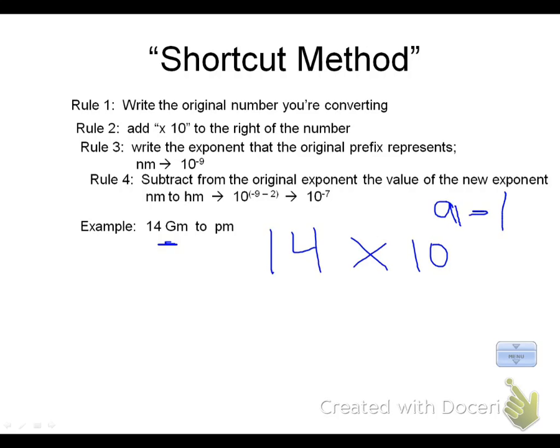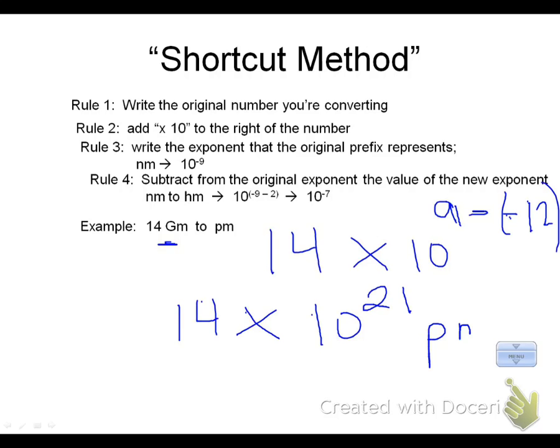Well, pico is minus, I promise it is, minus 12. So now the new number is 14 times 10 to the 9 minus a negative 12, which is 21 picometers. So 14 gigameters to picometers is 14 times 10 to the 21st picometers.